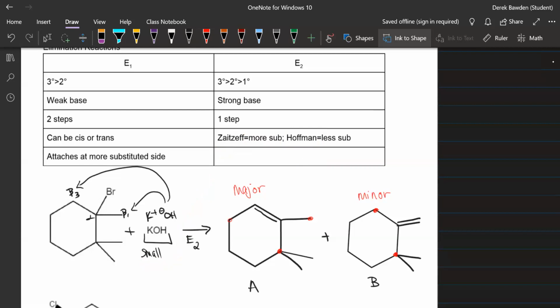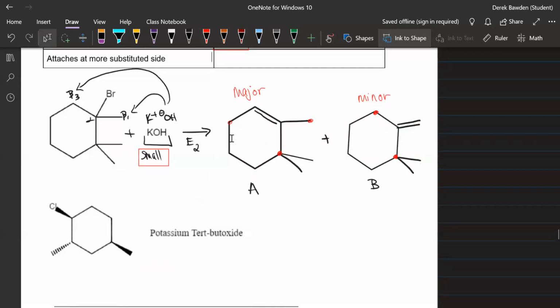So we had a small base, so that's Zaitsev, and our major product is the more substituted. Just a little way to remember that. Hoffman is bulky, Zaitsev is not bulky, he wants to bulk up. I hope that makes sense. I'm not getting much feedback today.